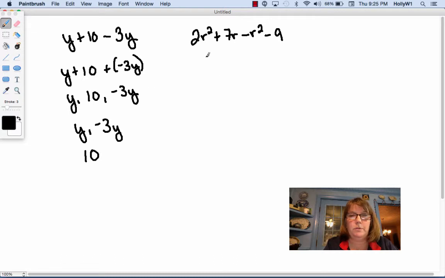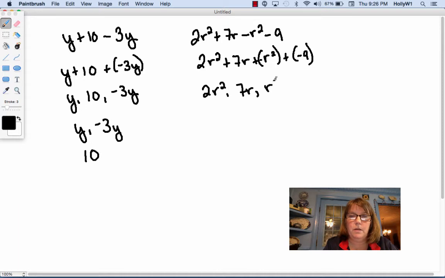In this expression, we're going to rewrite it again as an addition problem, adding the opposite. Terms are 2r squared, 7r, negative r squared, and negative 9. Don't forget the negative in front of the r squared.